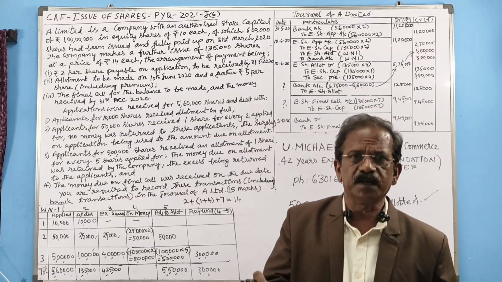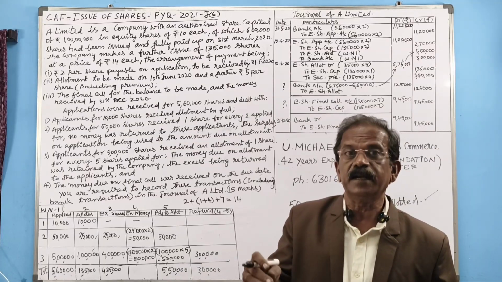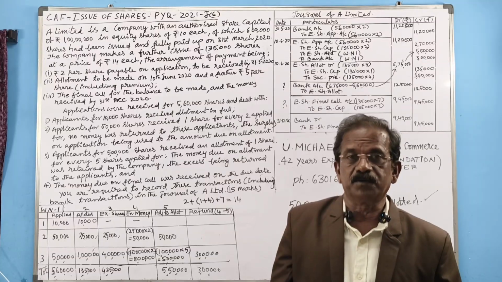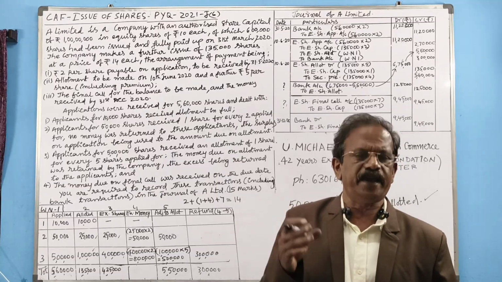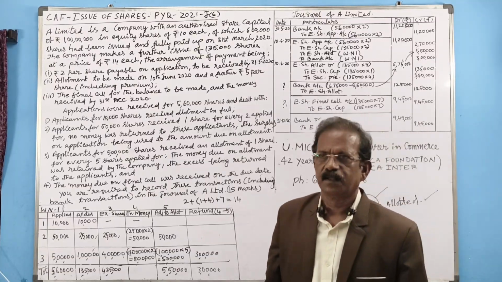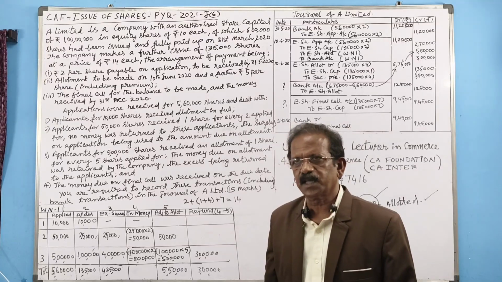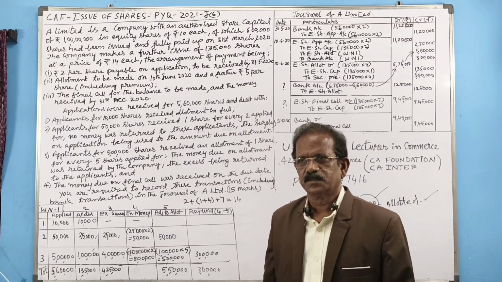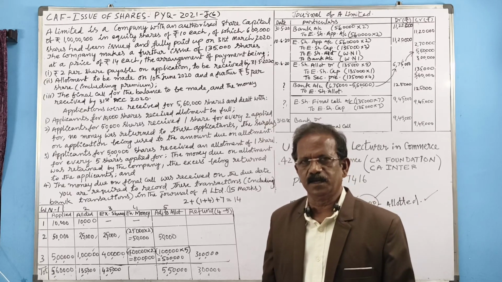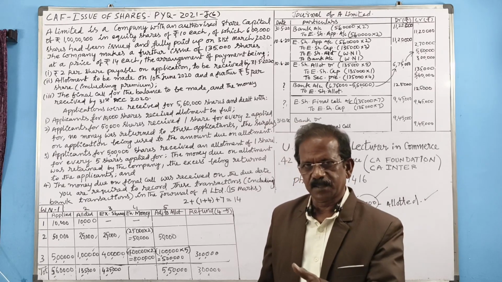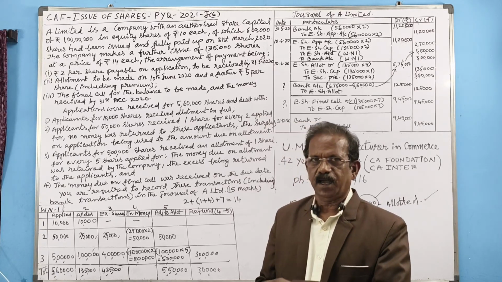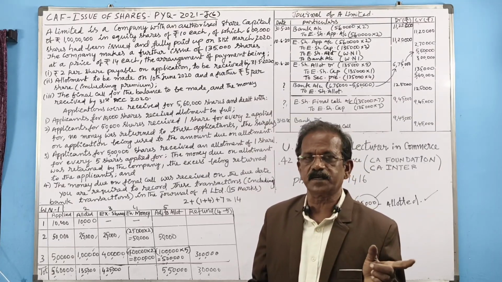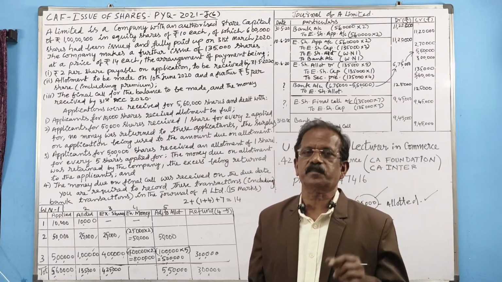It means how much money we are retaining relating to them, that much amount they need not pay again. It means they have paid in advance. You can treat it like that. So that application money need not be refunded. That will be kept by the company and it will be used for adjustment to the allotment money.